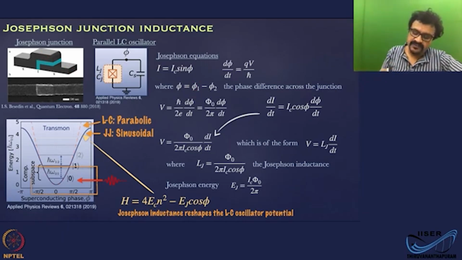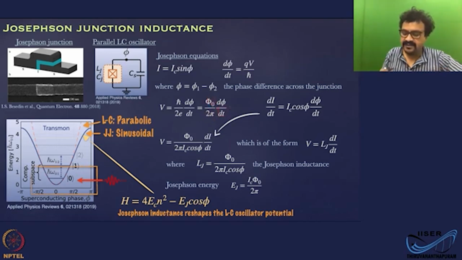Now, this V you can rewrite as h bar by 2e times d phi by dt. Now, h by 2e is your flux quantum, phi 0 by 2 pi times d phi by dt.